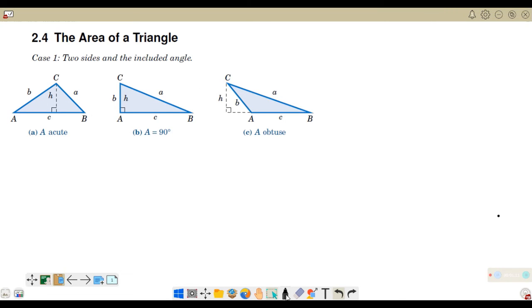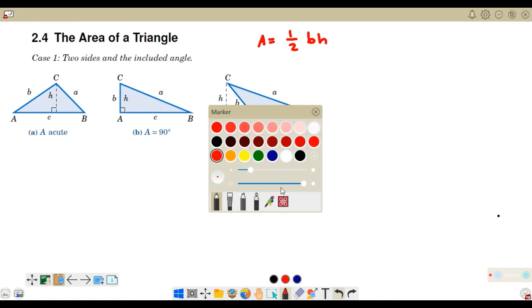Before, ang ginagamit lang natin for finding the measurement of the area is A is equal to 1/2 BH, where B is the base and H is the height of the triangle.